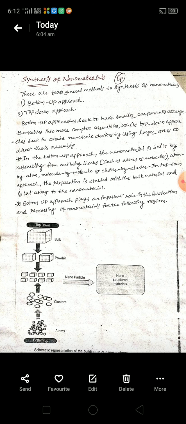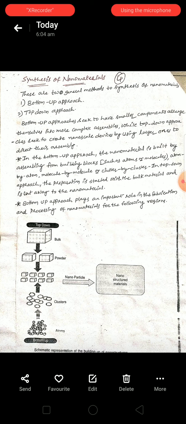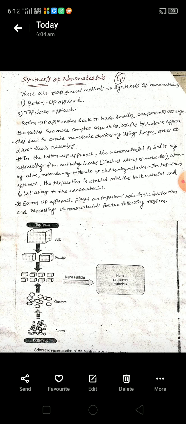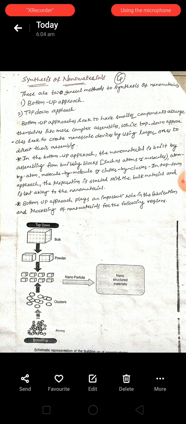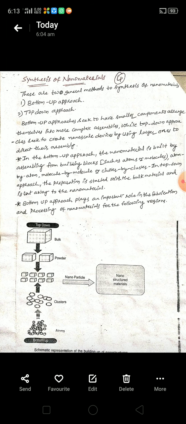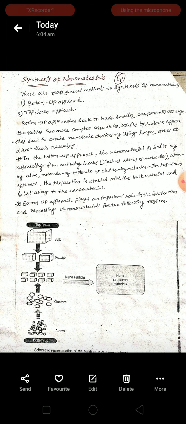The bigger nanomaterial is formed by combining atom by atom, molecule by molecule, or cluster by cluster. But in the top down approach, the larger material is cut down into smaller nanoparticles or nanomaterials.